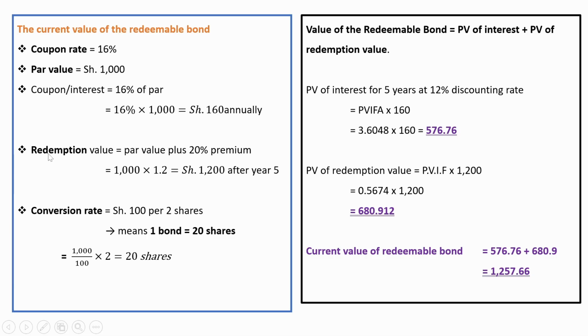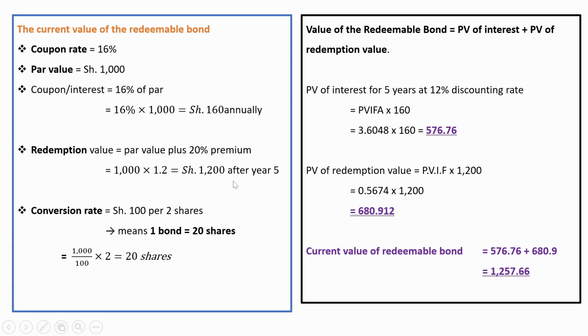But before that, what is the redemption value? Remember, we were told that they would be redeemed at a 20% premium. 20% premium means they will be redeemed at a higher value than the face value. If the face value or the par value is 1,000, they will be redeemed at a price of 1,000 plus 20% of 1,000. 20% of 1,000 is 200. 200 plus 1,000 is 1,200.